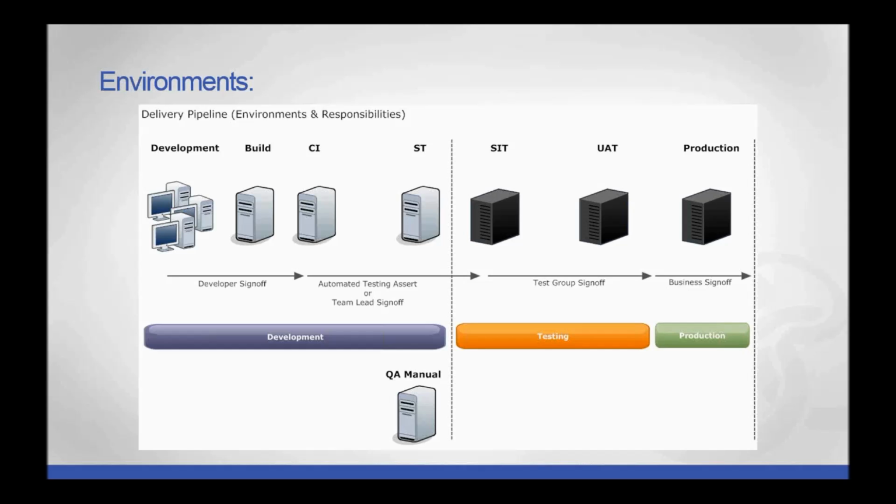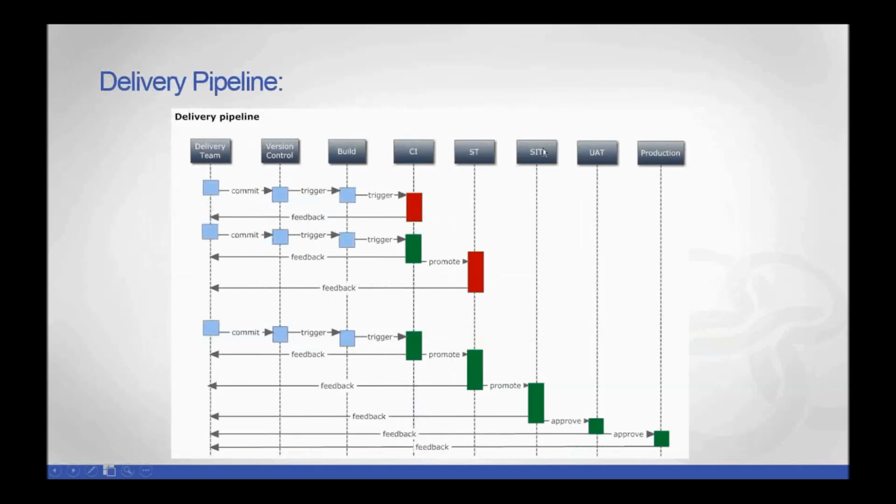Absolutely. And just another way to illustrate the whole delivery pipeline, and that also includes timing, this is what the process really looks like. This is where the delivery team creates and commits some change to the code to the version control, your source control system, which automatically triggers the build.